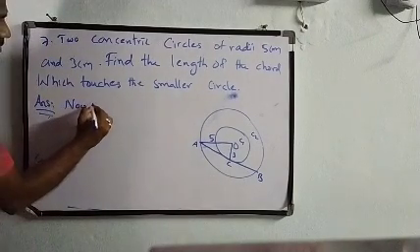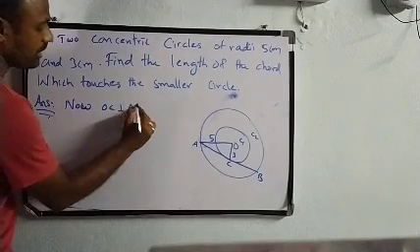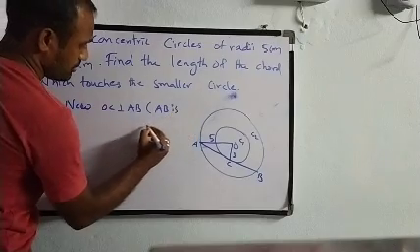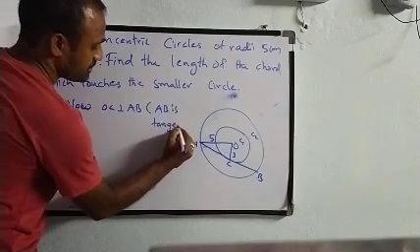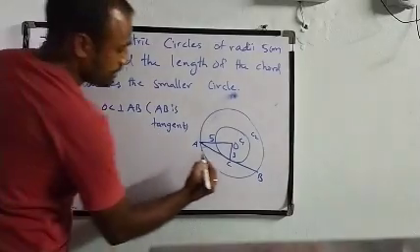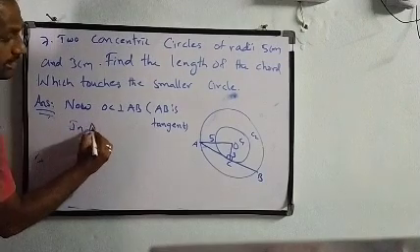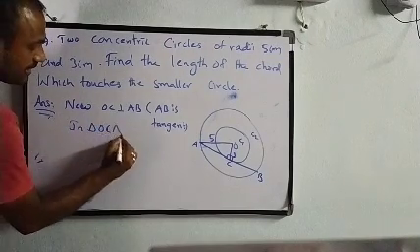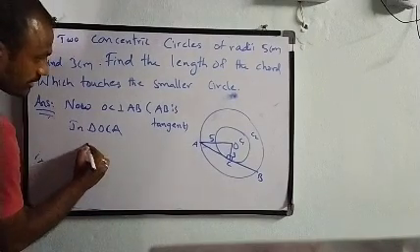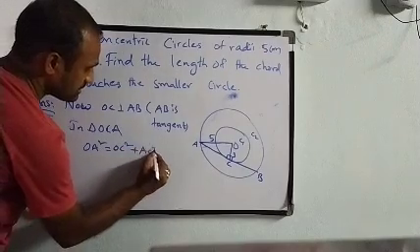Now OC is perpendicular to AB because AB is a tangent to circle C1. So we can write OC is perpendicular to AB. So in triangle OCA, according to the Pythagoras theorem, we can write OA square is equal to OC square plus AC square.